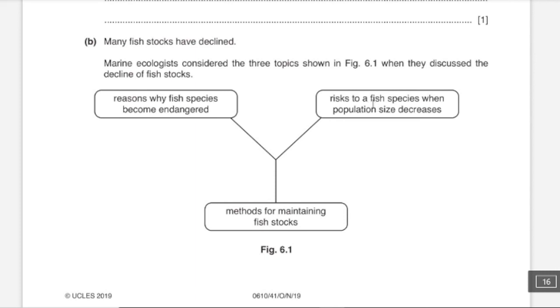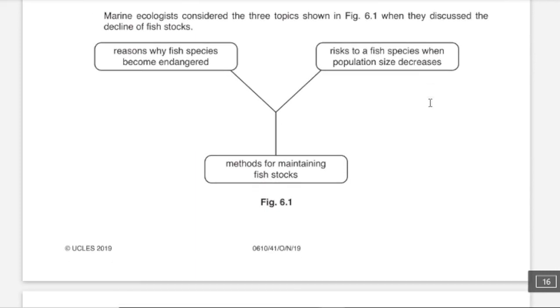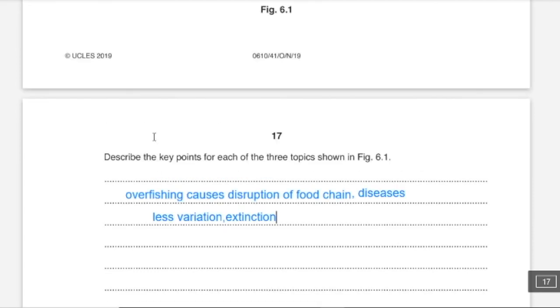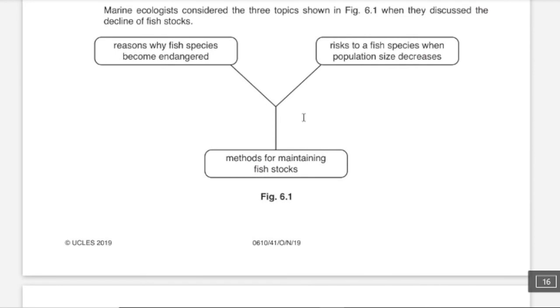Alright, so the risks to a fish species when population decreases. This can lead to less variation and also extinction of those species. Alright, I've mentioned 2 points over here, and the last one says methods of maintaining fish stock.